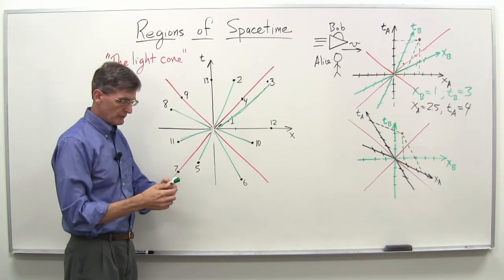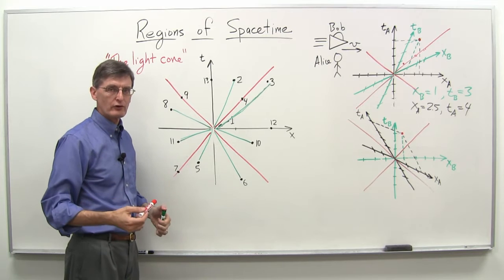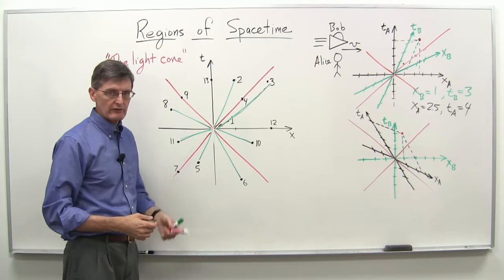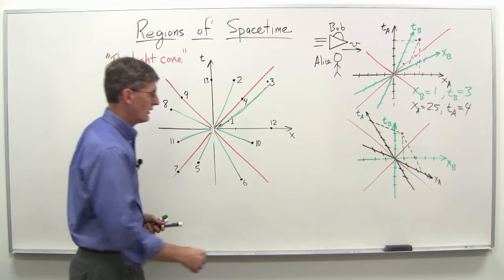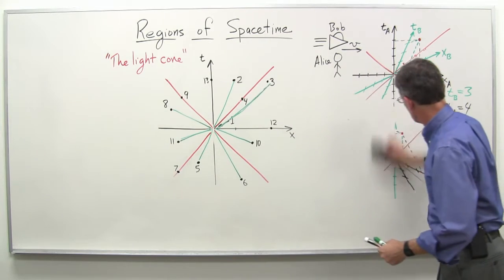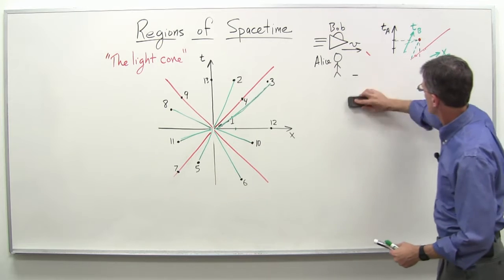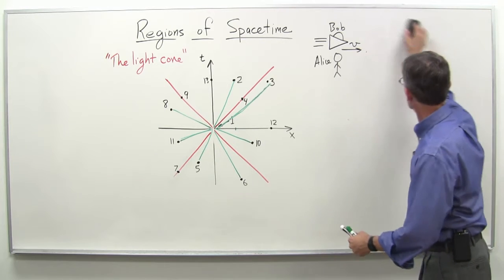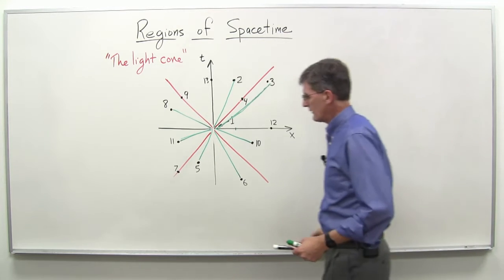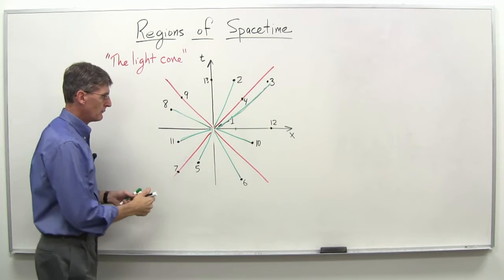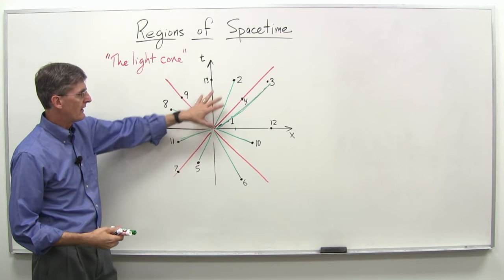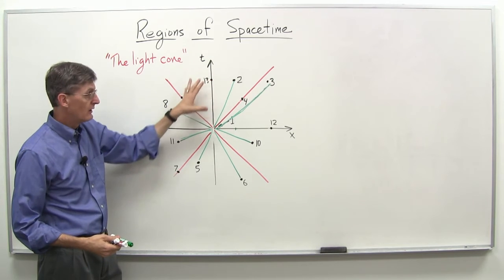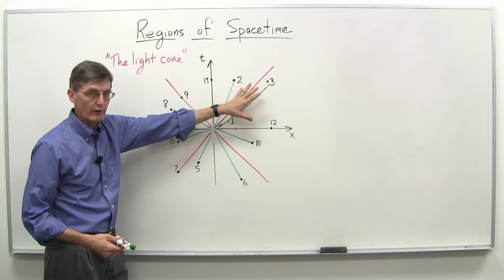We have some other names for this as well, and it also allows us to go back and revisit the invariant interval. Let's introduce this again. Remember the questions: I'm at point 1 here, and can I influence something later in time and at another point in space?